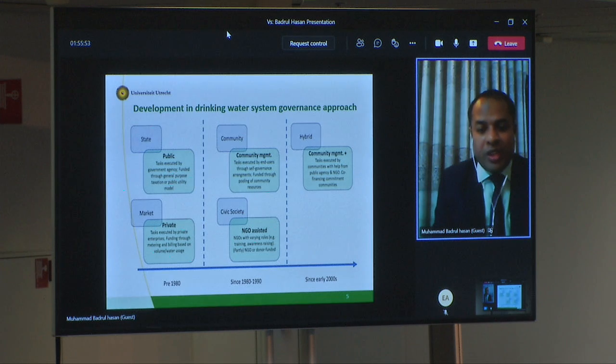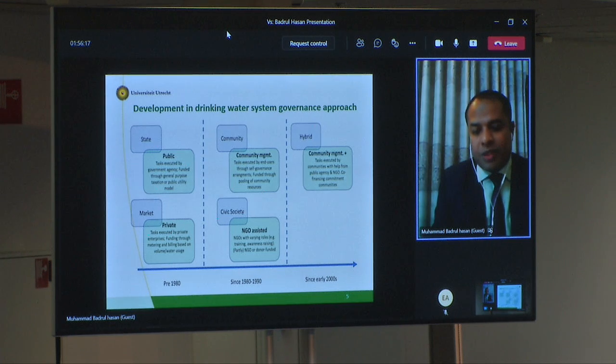It indicates that until the 80s of the 20th century, both public and private governance approaches were tried to ensure the optimal performance of drinking water systems in developing countries. Later, given the failure of both of those models, the community management approach was experimented with in developing countries, especially since the 80s.